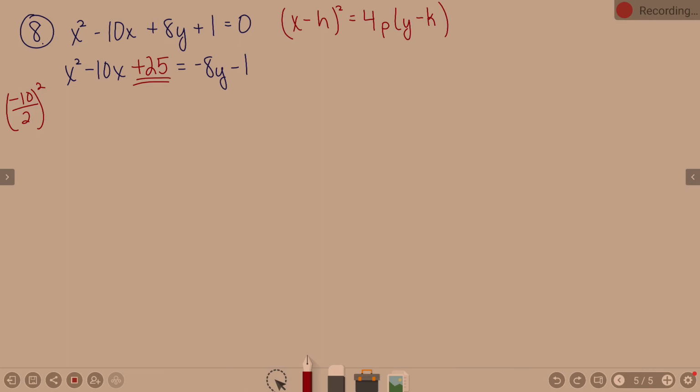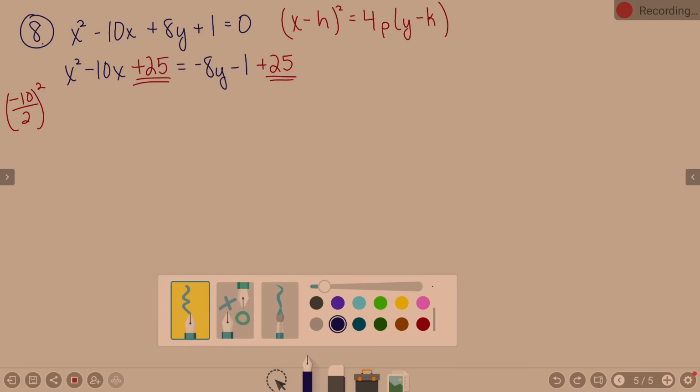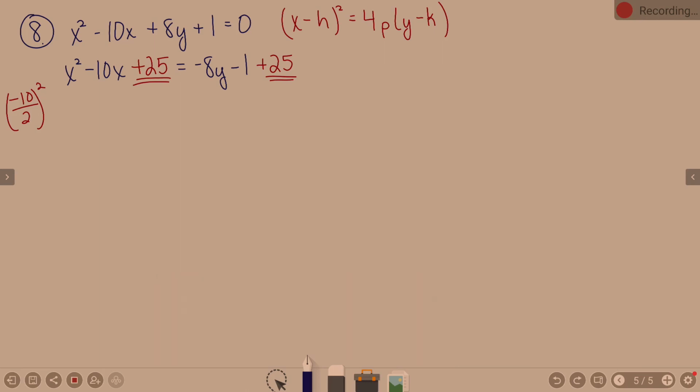If I add 25 on the left, I'm going to add 25 on the right. Again, there's nothing in front of x squared multiplying by 25, so it's just a plain old 25. On the left, let's plan to factor it, right?